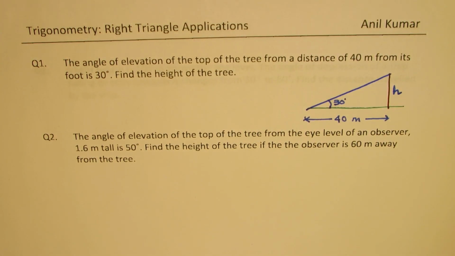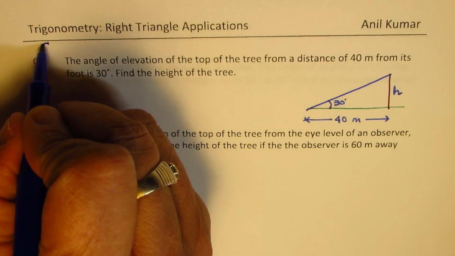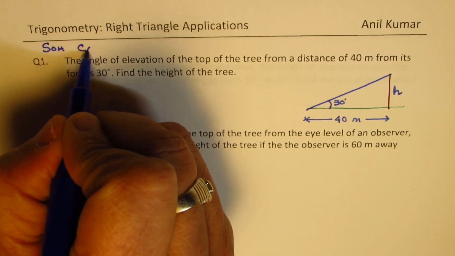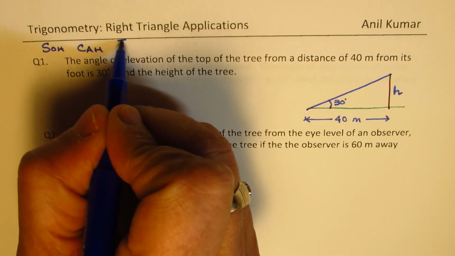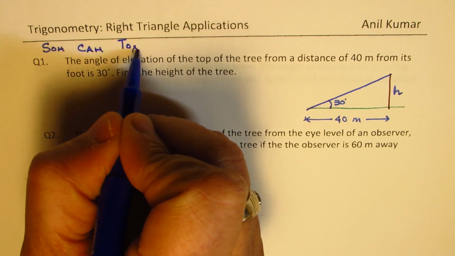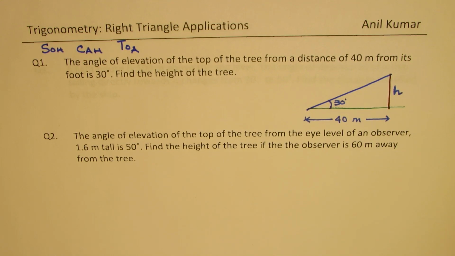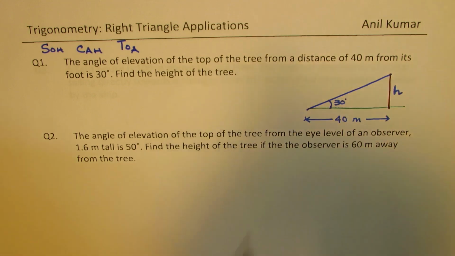Few basic things which you need to recall is trigonometric ratios. Sine is opposite over hypotenuse. Cos is adjacent over hypotenuse. Tan is opposite over adjacent, right? So that is what we are going to use in all the right angle triangle examples for this worksheet. So the very first one, tan ratio.